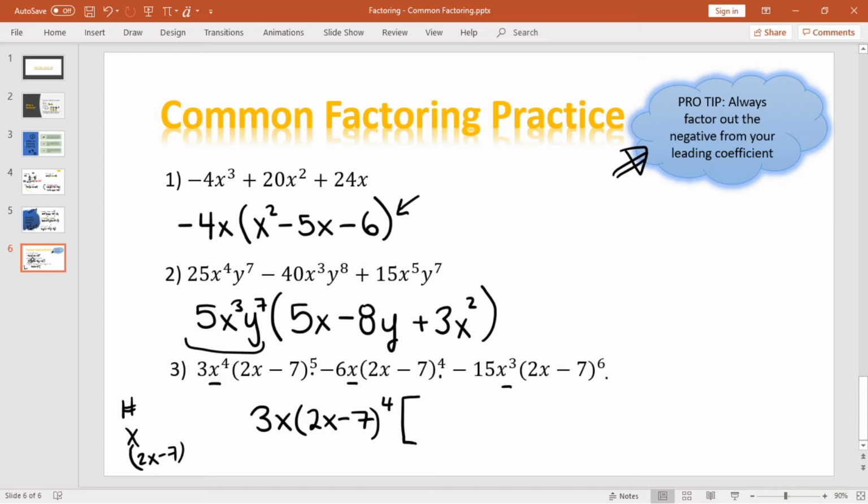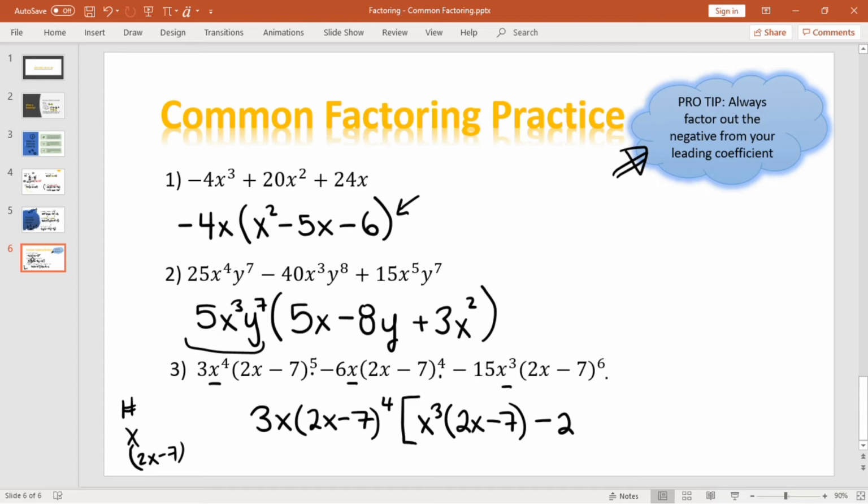So our first term, 3 divided by 3 is 1, x^4 divided by x, x cubed, and 2x minus 7 to the power of 5, divided by the power of 4, plain old. All right, second term, negative 6x divided by, I'm kind of cheating ahead here, but divided by 3x should just leave you with negative 2, and same power on the binomials, so those will kind of cancel each other out.